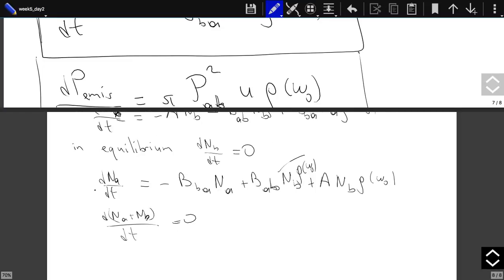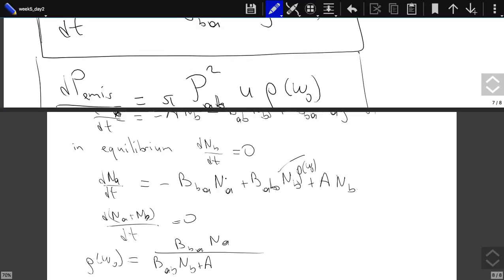Now, if the NA or the number of particles is constant, their time dependence is 0, so we can solve for rho of omega. So it just tells me that rho of omega 0, if we have a system in equilibrium, then rho of omega 0 should be BA times NA divided by BAB NB plus A. No, hold on. This is not over here. This is over here.